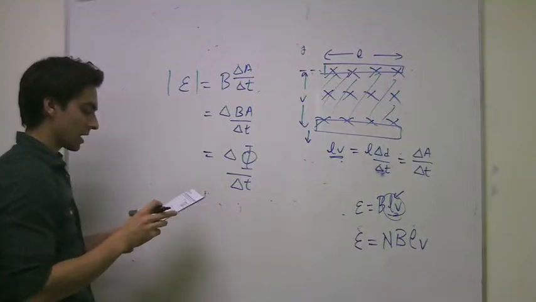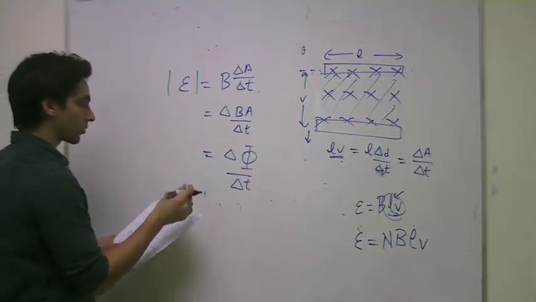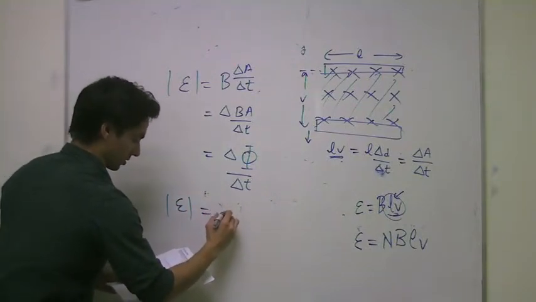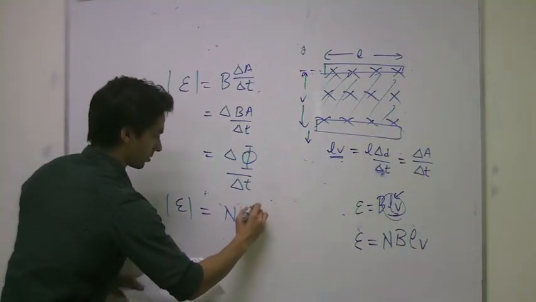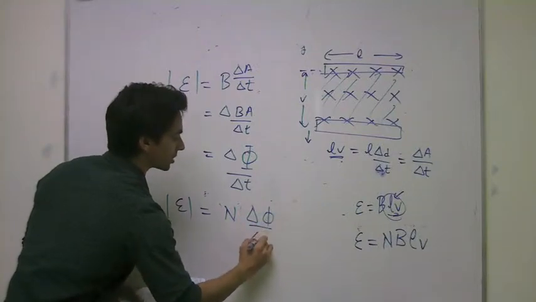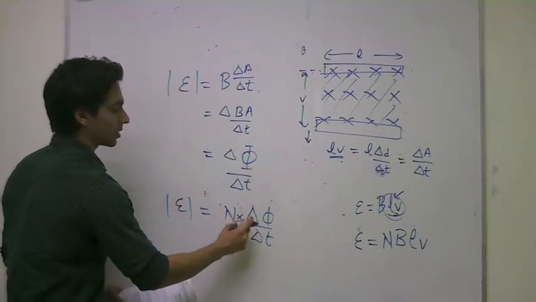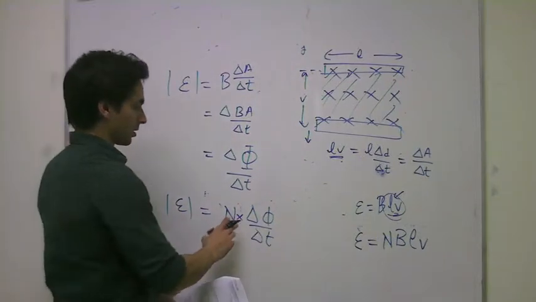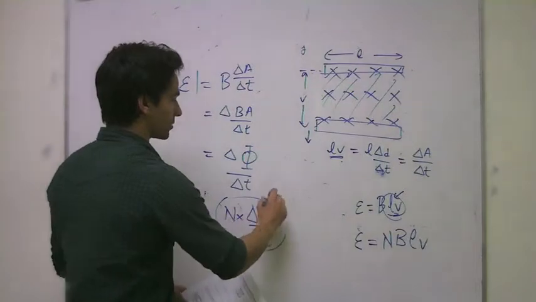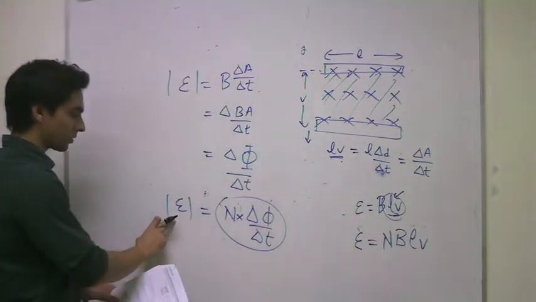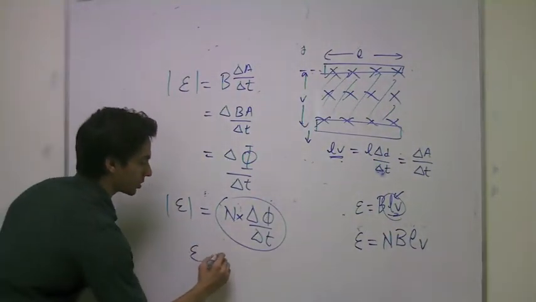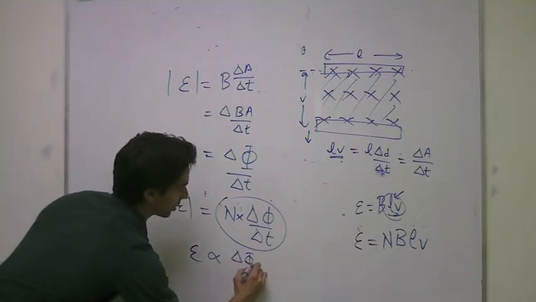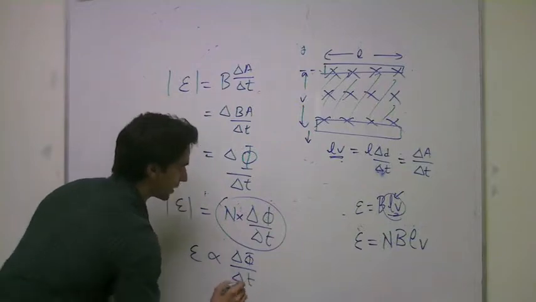If, for example, we have a series of coils, so again we will have the magnitude of the EMF equal to N times the change in flux over the change in time, which is basically N times the rate of change of flux linkage. So this entire thing is basically the rate of change of flux linkage. So the magnitude of EMF is proportional to the rate of change of flux linkage. This here is called Faraday's law.